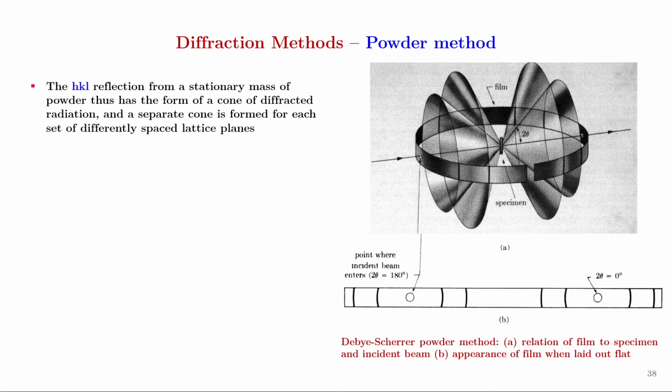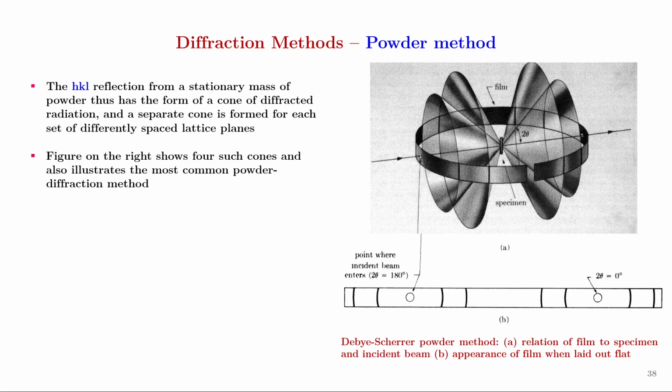The HKL reflection from a stationary mass of powder thus has the form of a cone of diffracted radiation, and a separate cone is formed for each set of differently spaced lattice planes. The figure on the right shows 4 such cones and also illustrates the most common powder diffraction method.